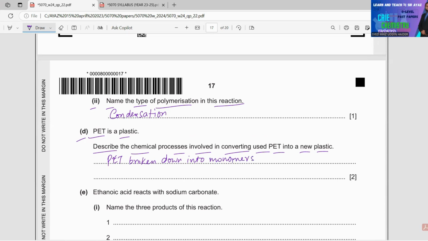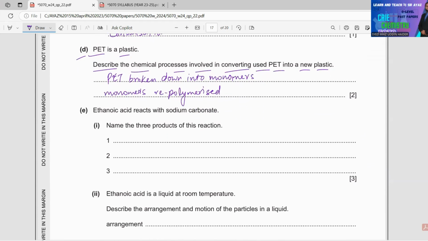Then monomers repolymerized. In this way, you can convert this into new plastic.